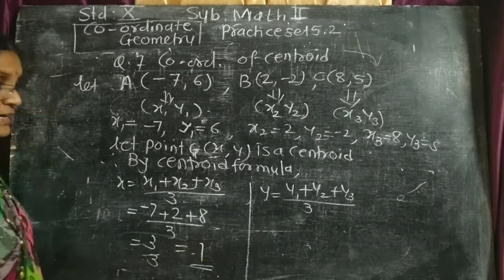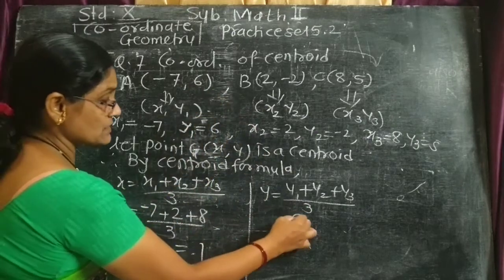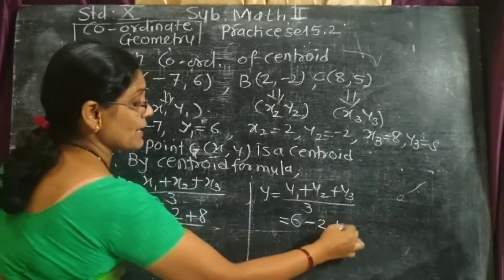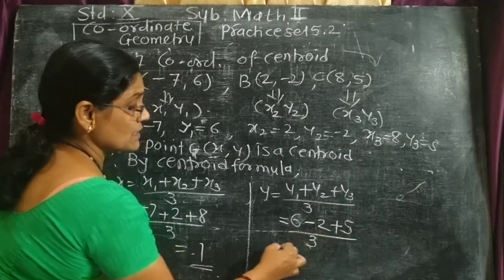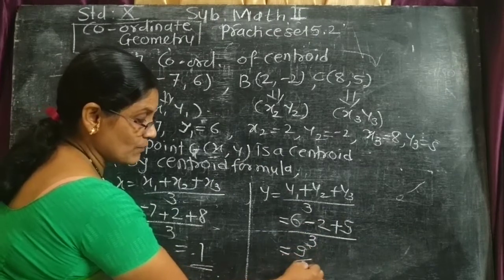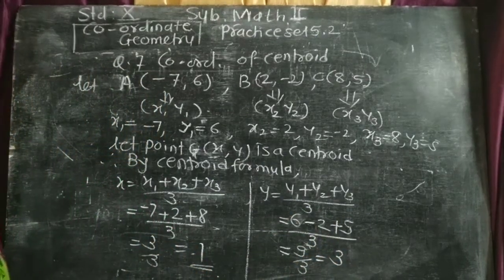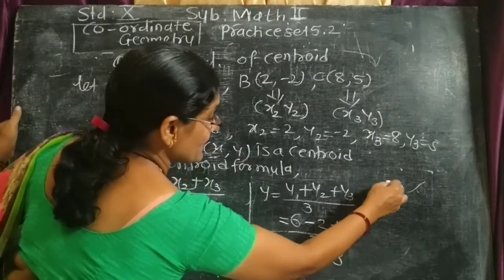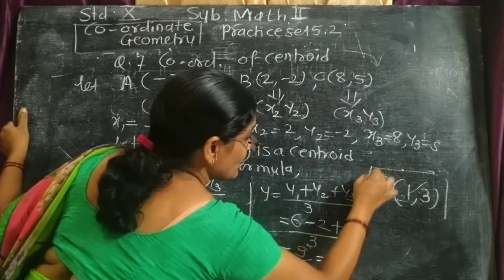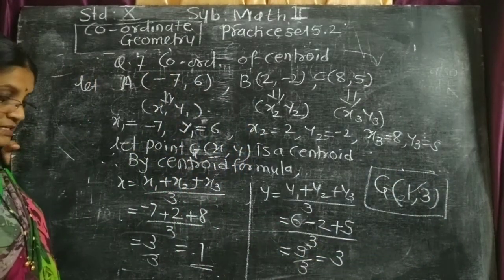So the x coordinate is 1. Now we simplify for y. y1 is 6, y2 is minus 2, y3 is 5, upon 3. 6 minus 2 is 4, plus 5 is 9, upon 3, that is equal to 3. So the answer: the coordinates of point G are 1, 3. The coordinates of the centroid are 1, 3. This is the first example.